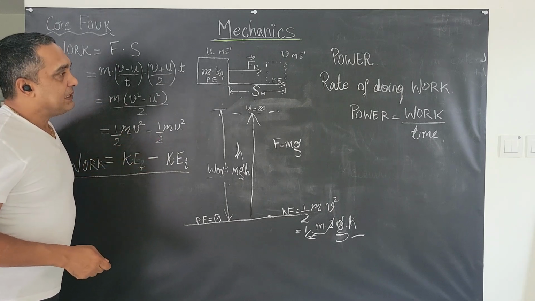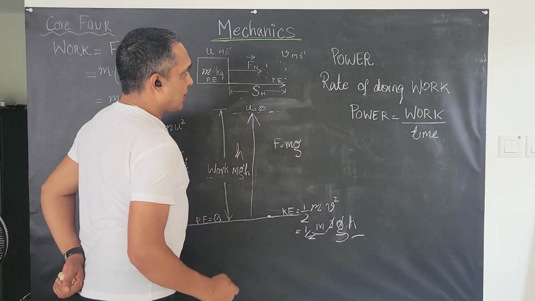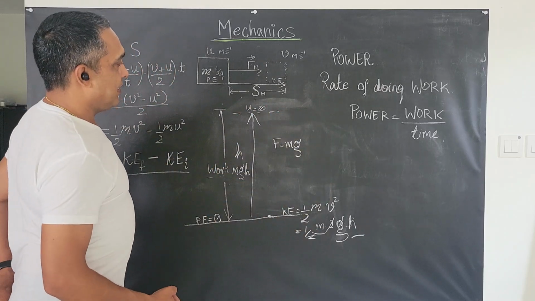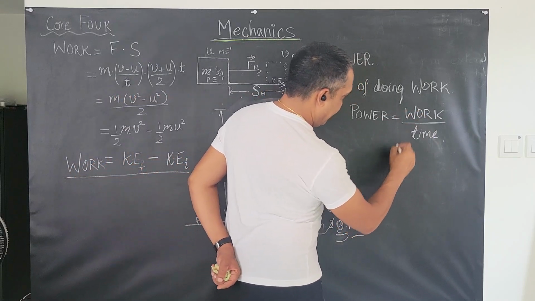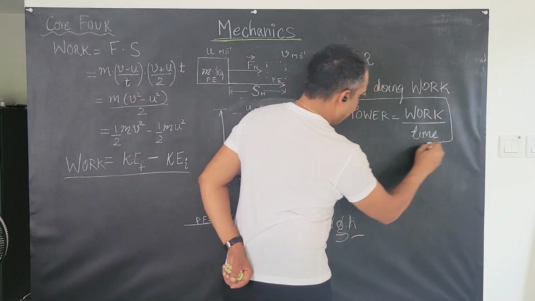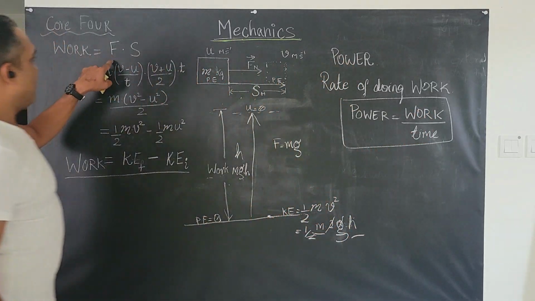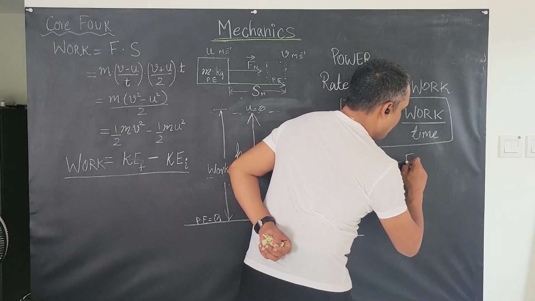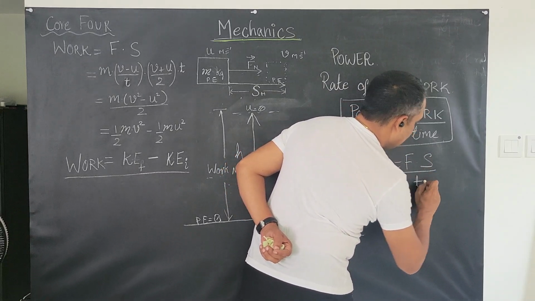Work by time. Now we will have problems where we are moving objects, and when we move something, we have displacement and we also have velocity. But what we're going to do here is just creatively, so this is one piece, but I'm also going to say if work is equal to force times displacement, I could write this as force times displacement divided by time.